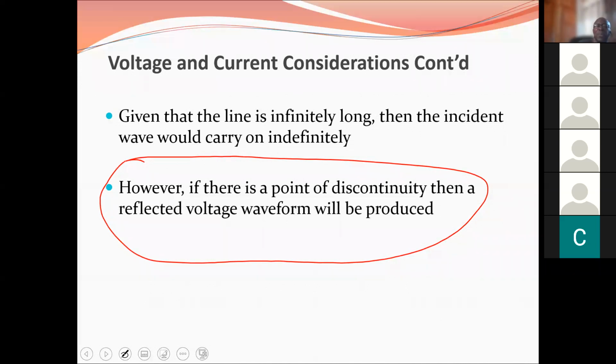So where you have a point of discontinuity, then you'll have a reflected voltage wave. Of course, as you all know, if I'm able to terminate this line in its surge impedance, then the reflection will be 0. All right? But we're going to look at that in a few.